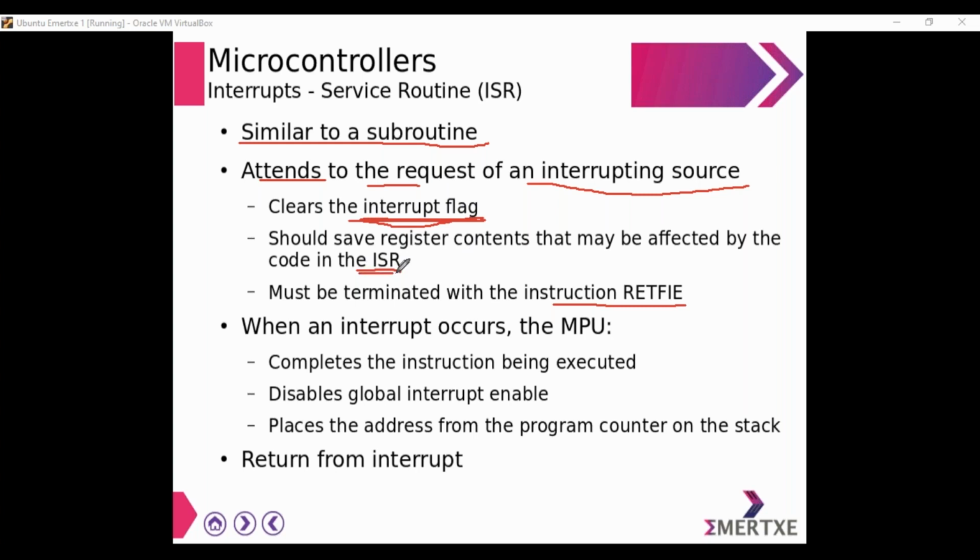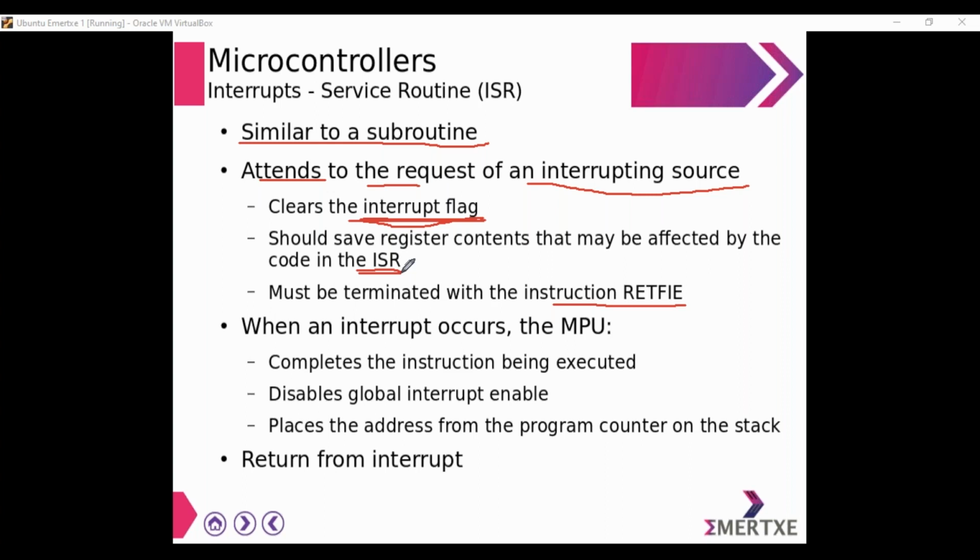Then sometimes, when you are executing the ISR, there might be chances that it may change some of the values of the registers, such as the registers of PORTB or TRISB, or PORTC, TRISC. Whatever registers we are dealing with, your ISR might affect their contents.